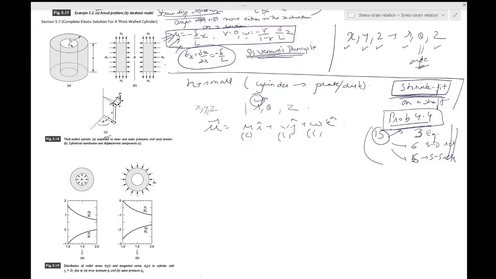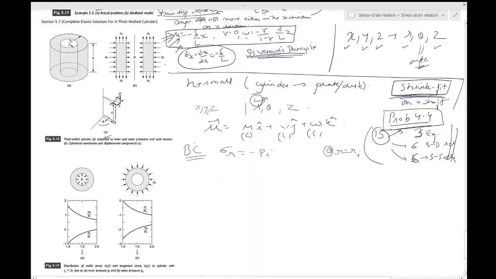Boundary conditions is the next stage which we would want to write. Say you want to write the boundary conditions. So sigma r will be equal to minus pi. We are talking about the inner surface, so r is equal to ri.